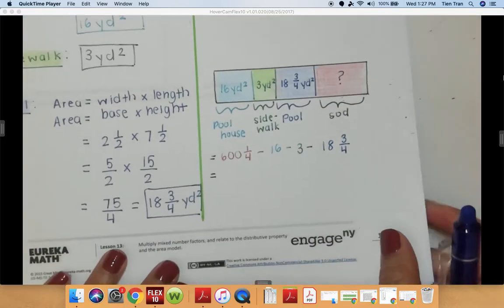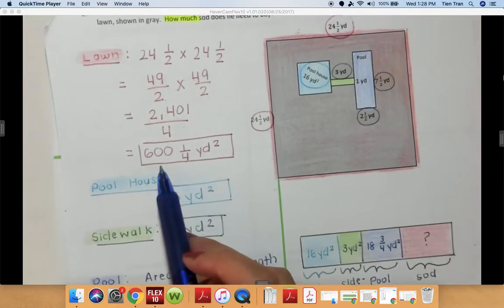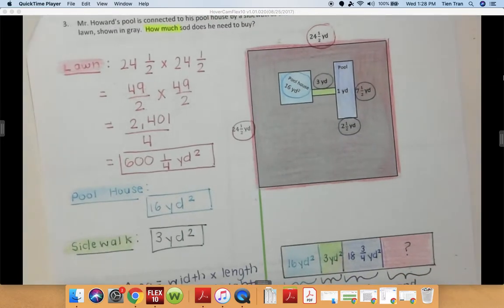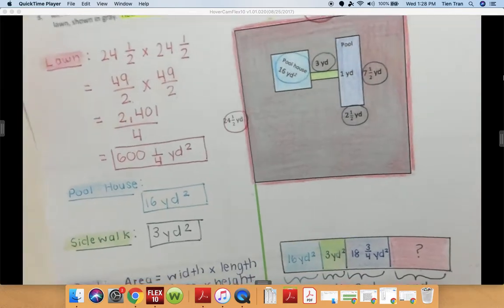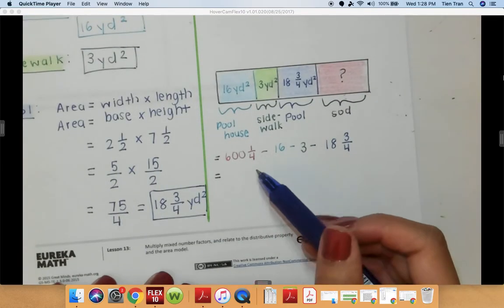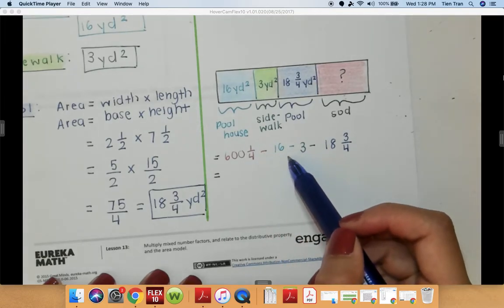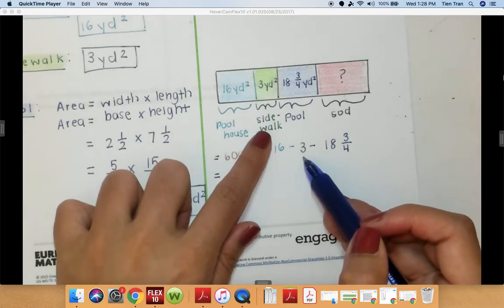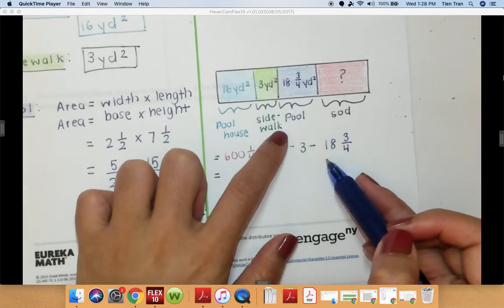So on the bottom, you'll see me subtract 601/4 because this is the measurement for the lawn, all of it, including the pool house, the pool, and all that. But we don't want to include the pool house or the pool or the sidewalk. We just want to include the gray area. So to find just the gray area, I am subtracting 601/4 minus 16 yards, which is the pool house, minus 3 yards, which is the sidewalk, minus 18 and 3/4 yards, which is the pool, okay?